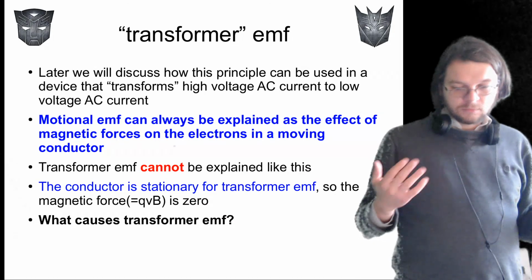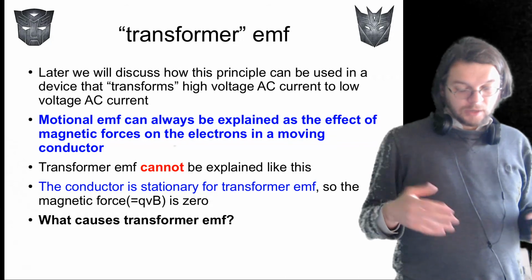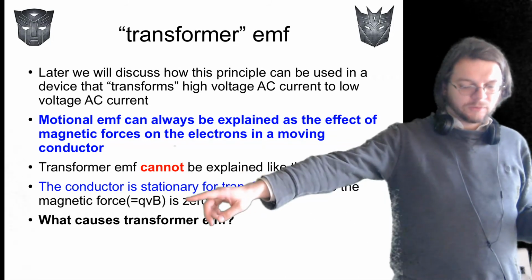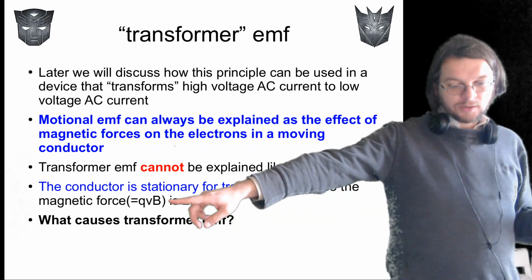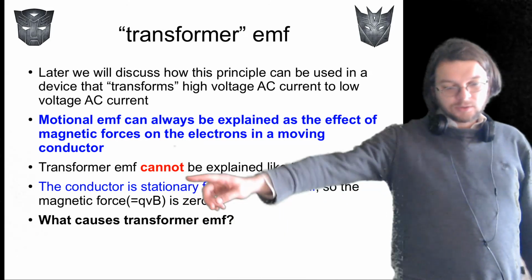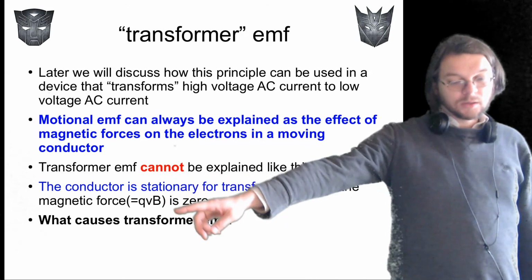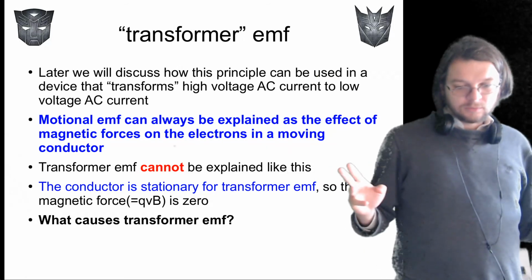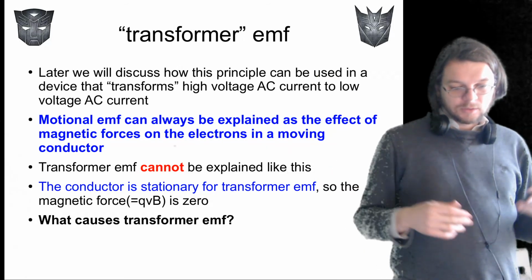The electrons in that loop have zero velocity, right? So the magnetic field can get as large as you want. It's not going to produce a magnetic force on the electrons, because 0 times something big is 0, right? And so you cannot use that to explain this.